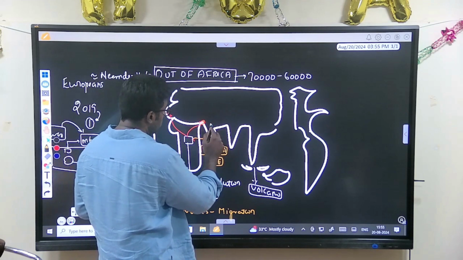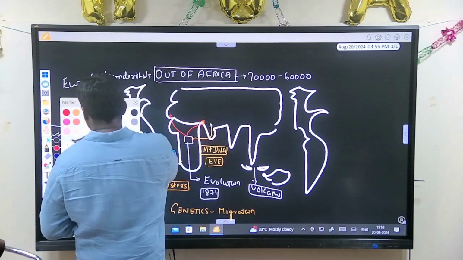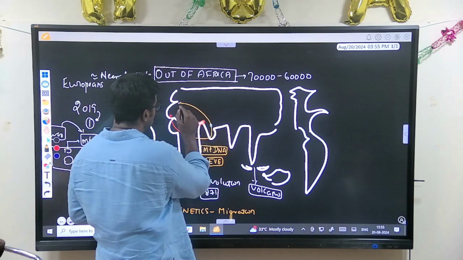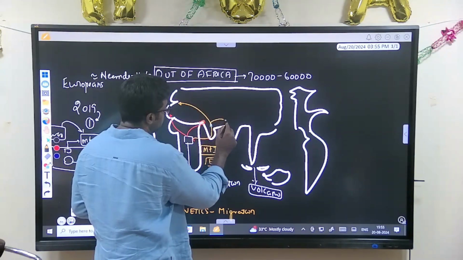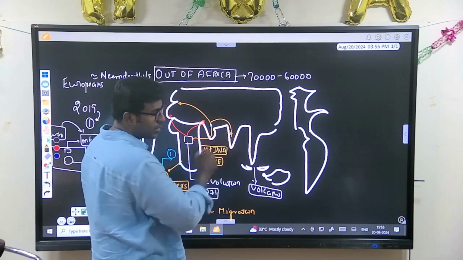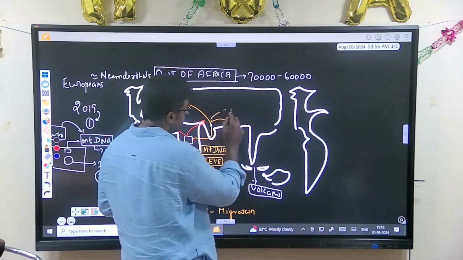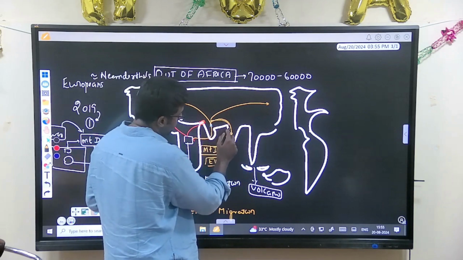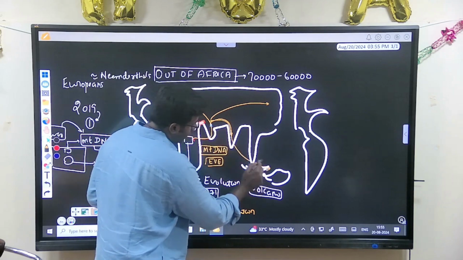Like this they moved, and after this they moved in different directions. One branch went to Europe, one branch went and settled in India, one branch went to China, and one branch went through this and to Australia as well.